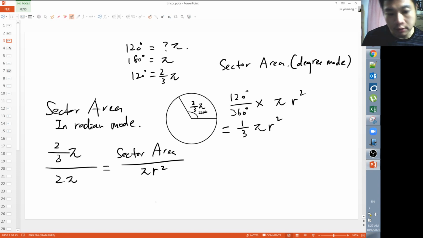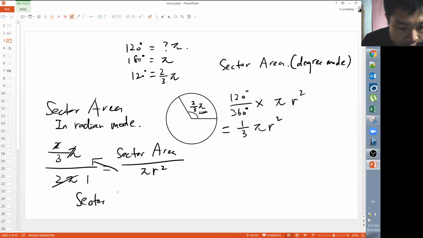Now what you do is simply a cross multiplication. Or before that, you can actually do a cancellation first. Cancel these 2 pi first, and this is 1, since you cancel the 2 pi and 2 pi here, so you simply end up with sector area equal to 1/3 pi r squared.